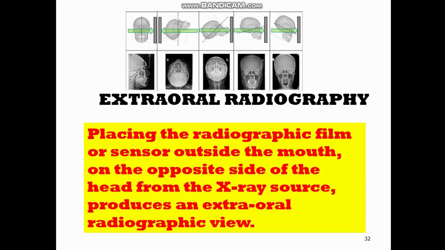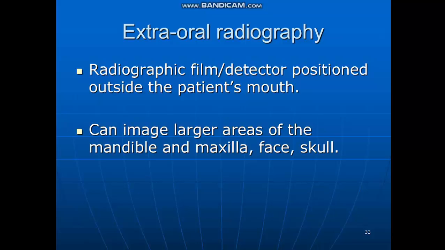The next type of radiography in dental practice is extraoral radiography. Extraoral radiography, and the different types of it, involves placing the radiographic film or sensor outside the oral cavity on the opposite side of the head from the X-ray source.